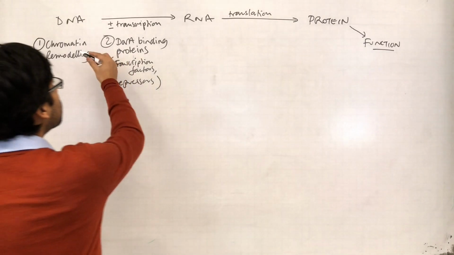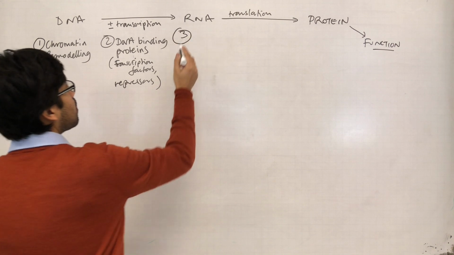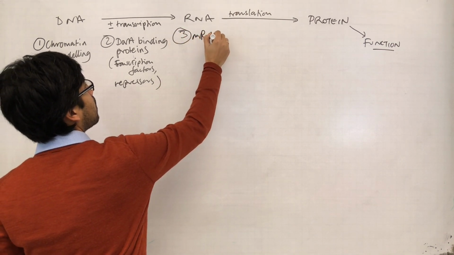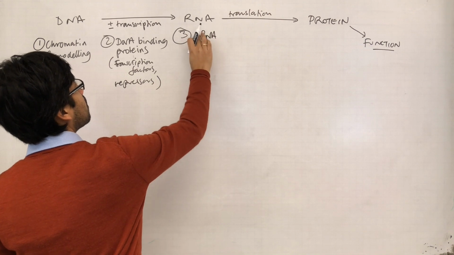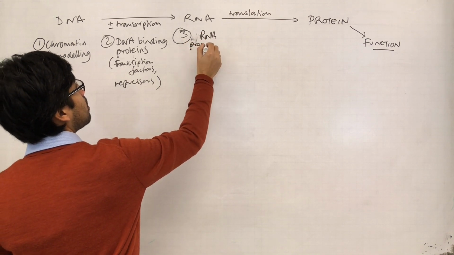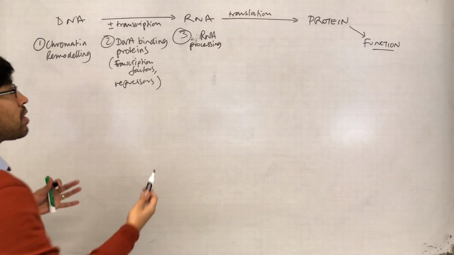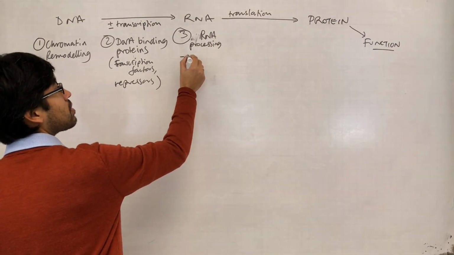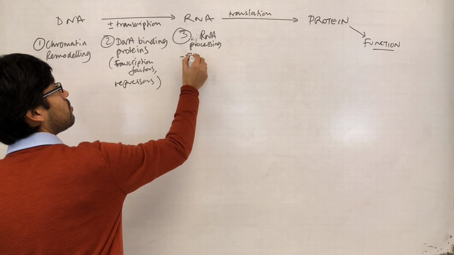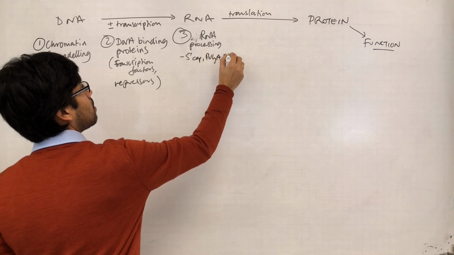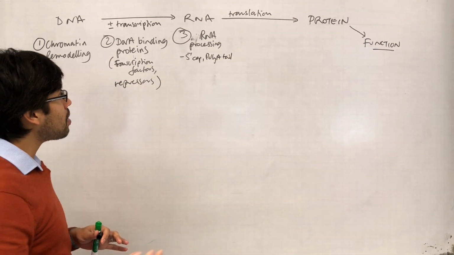So point 3 will be that we can affect the mRNA, actually we'll just call it RNA, we can affect the RNA processing. Okay, and in that RNA processing there were 2 main points: the addition of the 5' cap and poly A tail that affected the stability of the mRNA.